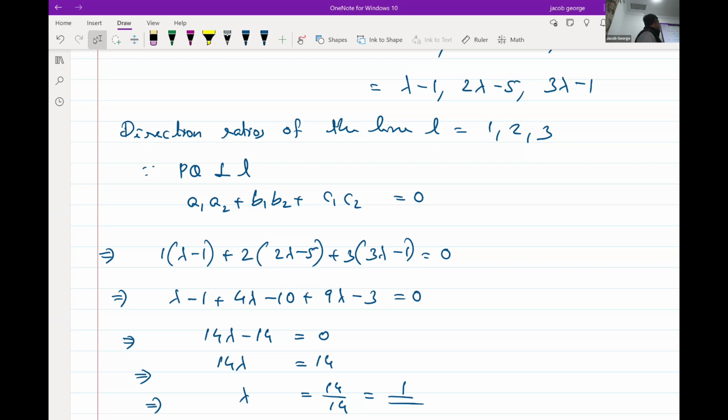Which means lambda minus 1 plus 4 lambda minus 10 plus 9 lambda minus 3 is equal to 0. That means we get 14 lambda is equal to 14. Lambda is equal to 14 by 14, it is 1.